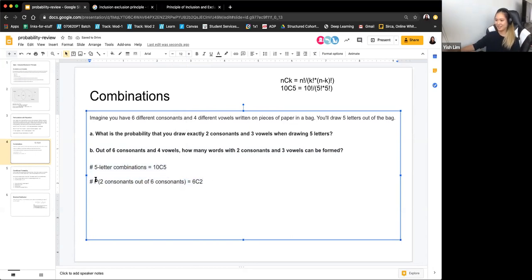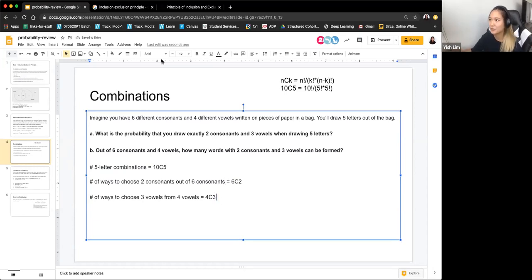The probability of getting 2 consonants out of 6 consonants, 6 choose 2. And then, sorry, not the probability, number of ways to choose. There we go, that's more accurate. Number of ways to choose 2 consonants out of 6 consonants is 6 choose 2. And then similarly, number of ways to choose 3 vowels from 4 vowels is 4 choose 3.